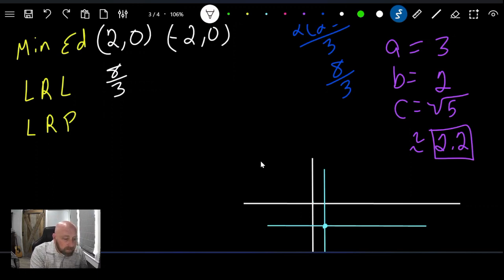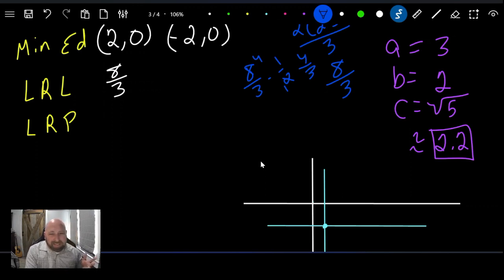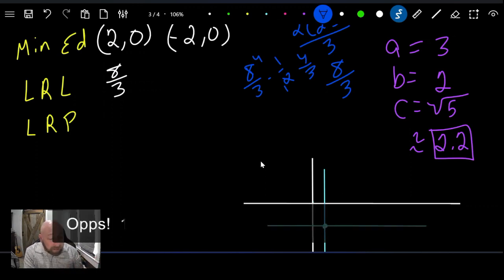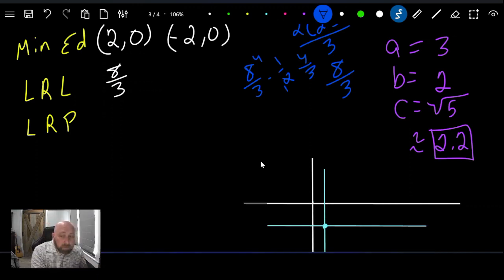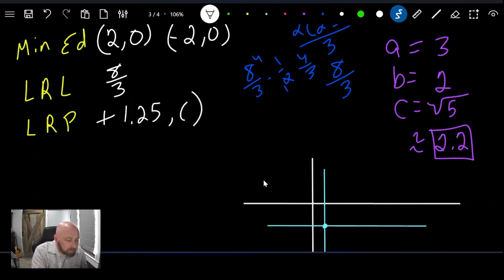So we're going to have 8/3 divided by 2. Let's do that over here. 8/3 divided by 2 means times 1/2. That's going to cancel out to a 4, and that's going to give us 4/3. 4/3 is like 1.25. That would be the easiest way to do that. So we'll have a positive 1.25 comma c.